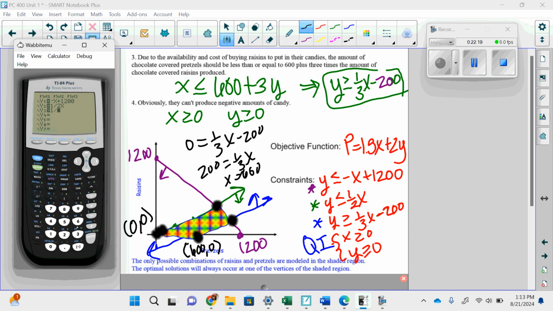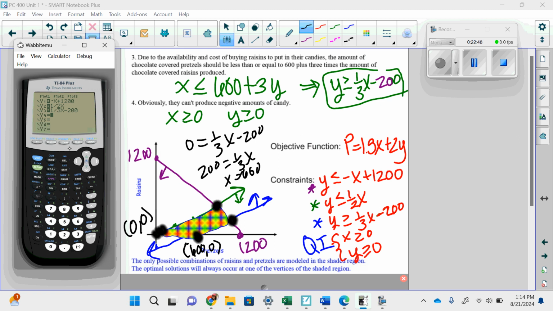We have 1/3 x minus 200. And we don't need to put in x is greater than or equal to 0, y is greater than or equal to 0, because we just know that that means it's in quadrant 1. So we are going to have to change the window, right? Because our normal window is a 10 by 10. There ain't no way we're seeing 600 comma 0 and 1,200 comma 0, right?